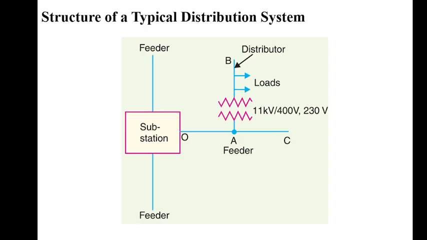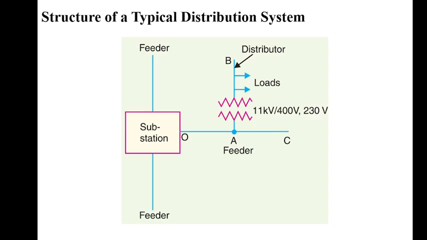The most important point here is that the voltage will be further reduced to service levels, typically from 11 kilovolts to 400 or 230 volts, depending on whether we are talking about single phase or three phase. Before reaching the customers' meters, we will have some step-down transformers to provide this level of voltage for customers.